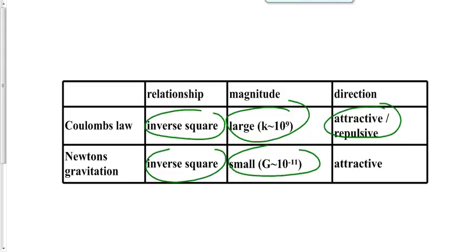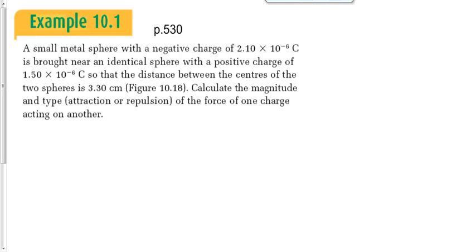Think about that. We have positive charge and negative charge, and that can result in attraction or repulsion. Versus gravity, where we only have one direction of the force, it's attractive. Why? Because there's only one kind of mass. You don't have positive mass and negative mass. If you did, then you could have attraction and repulsion, but we don't. That's where we left off yesterday.